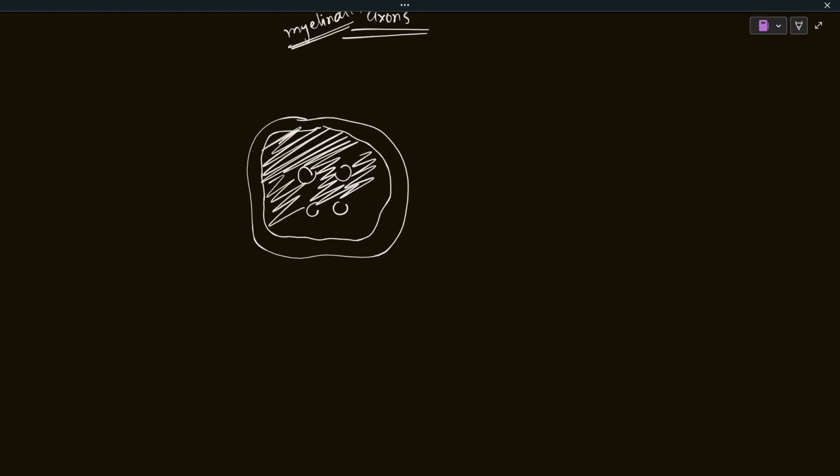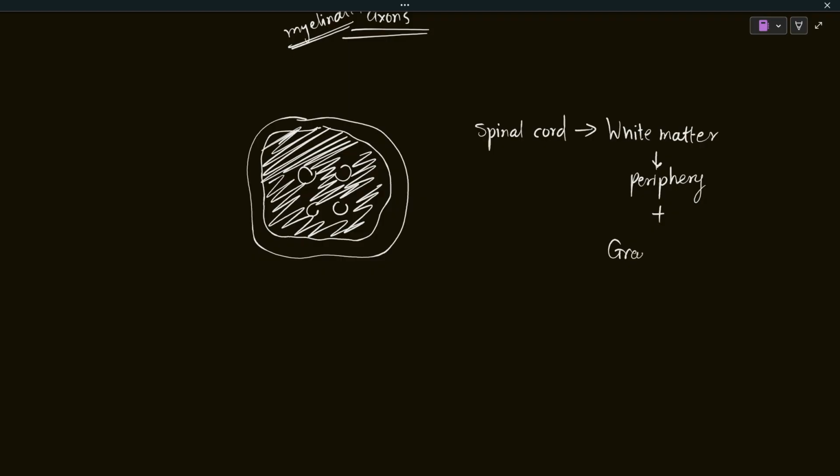So in the spinal cord, when you look at the cross section, white matter will be on the periphery and gray matter will be located centrally.